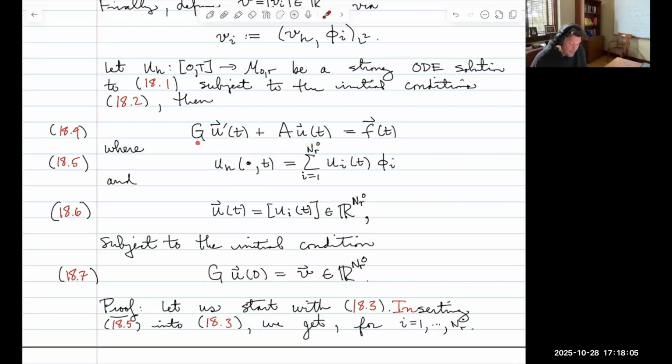By the way, the matrix G, we can show, and we will talk about this next time, is an invertible matrix. So I could multiply by the inverse of G on the left in each term, and then I just get something purely for U prime. And in that sense, it may be easier to see that this is just a system of ordinary differential equations. In fact, a system of linear ordinary differential equations, for which there are many techniques to solve.